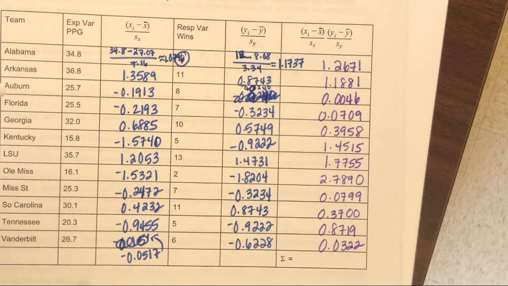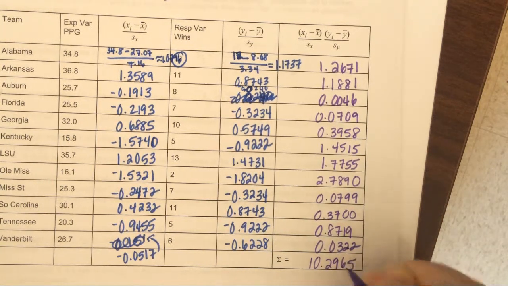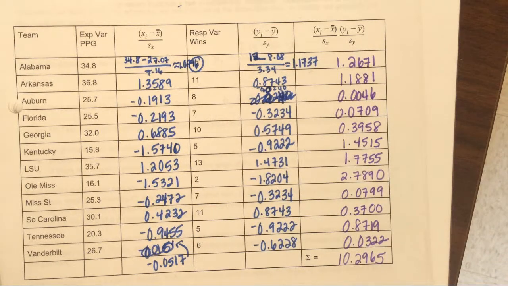Plus 0.0709 plus 0.3958 plus 1.4515 plus 1.7755 plus 2.7890 plus 0.0799 plus 0.37 plus 0.8719 plus 0.0322. And we end up getting 10.2965.